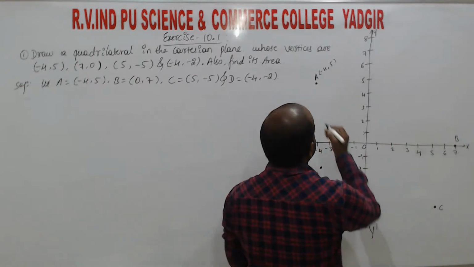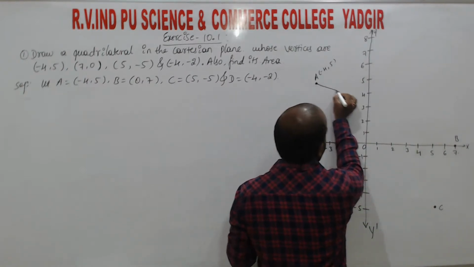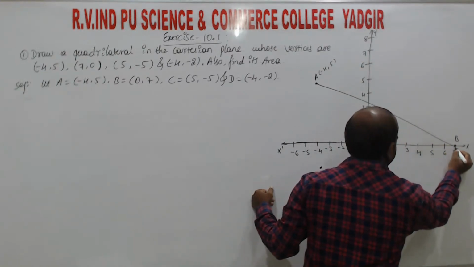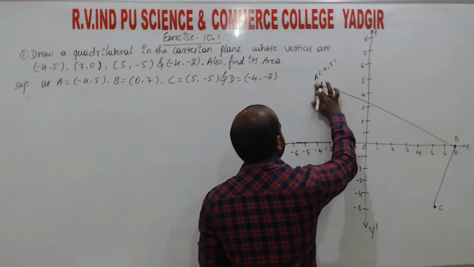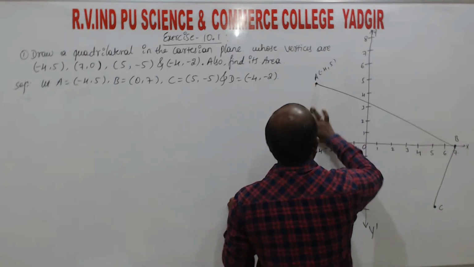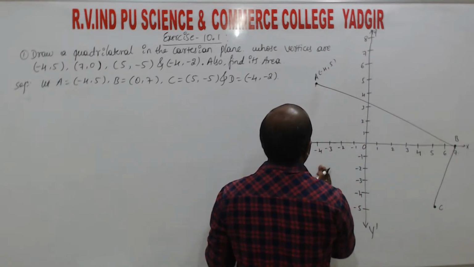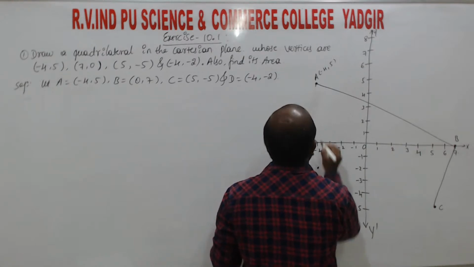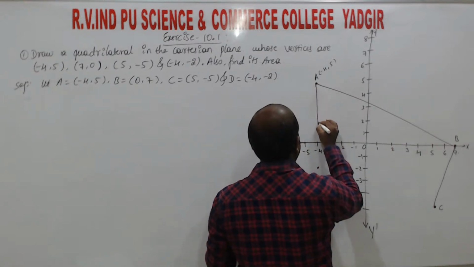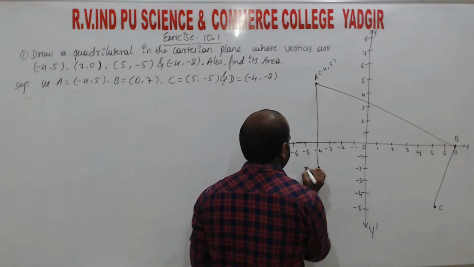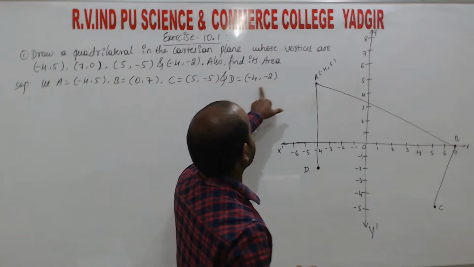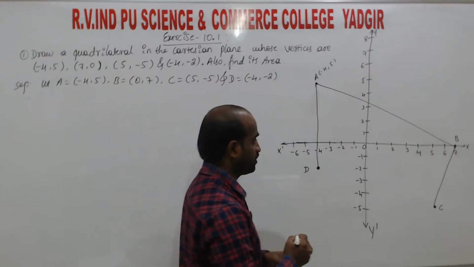Now join. This point is D. D point has both negative.